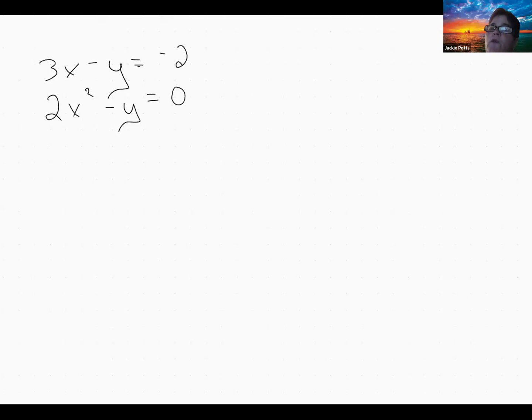All right. I'm going to substitute in for the y. So that means I need to rework this one to become y equals. So I can move the -2 over, and I end up with 3x minus y plus 2 equals 0, and then to move the y over.